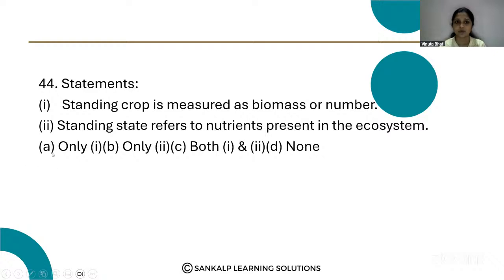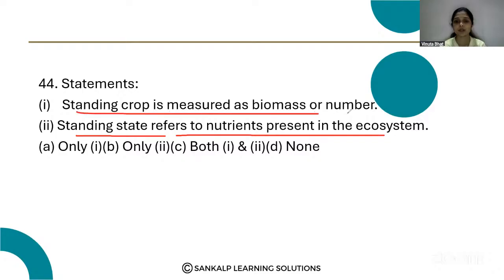Question number 44. Statements: Standing crop is measured by biomass or number. Standing state refers to nutrients present in the ecosystem. So here, standing crop is measured by biomass or the number, right? How do you define the standing crop? That is the total amount of organic matter present in each trophic level at a particular time.